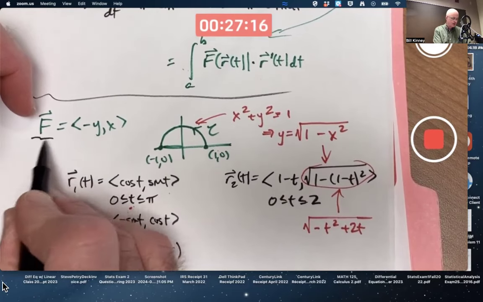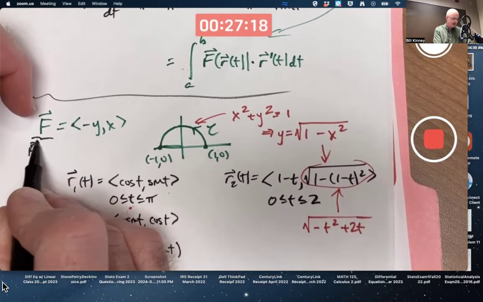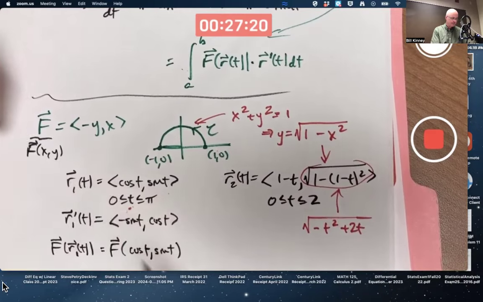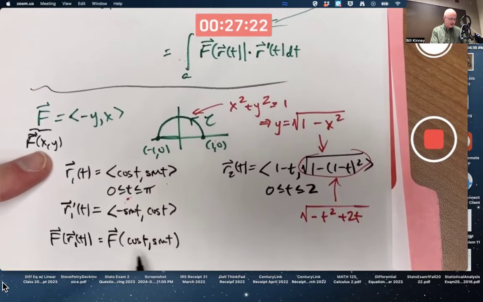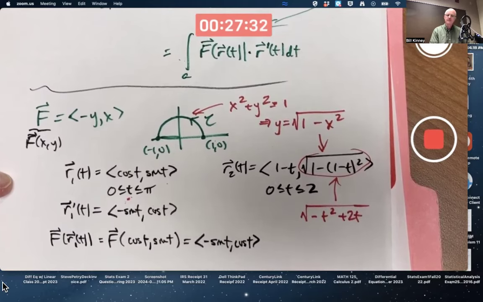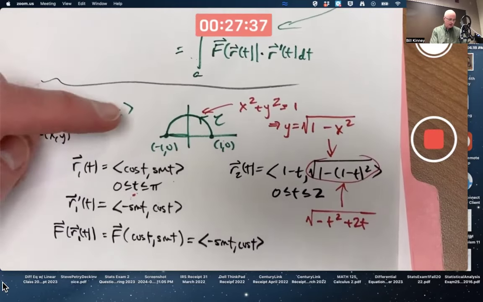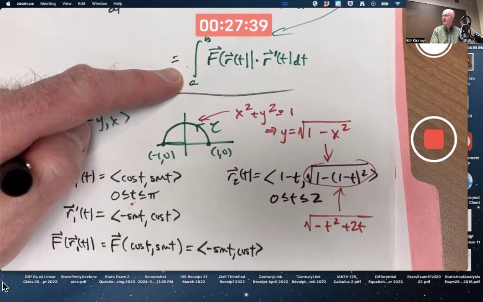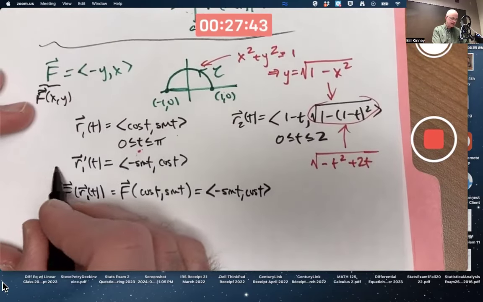I certainly could write this as f of xy. So I'd want to replace x with cos t and y with sine t. And looking at that formula, I'd get the vector negative sine t, cos t. And once again, looking at this formula, I'm going to need to dot those things before I integrate. So find the dot product of these two things.